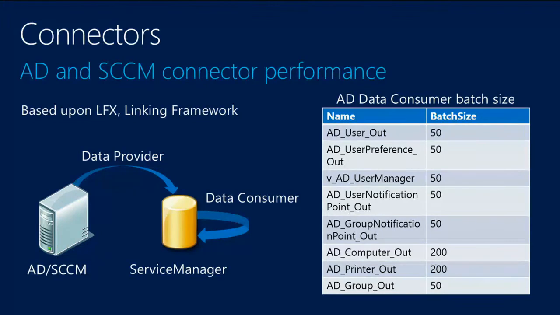They are way too small, and each batch has a certain amount of overhead. By having these small batch sizes, we're getting a lot of overhead, which will cause a performance decrease in these connectors. So if you have connectors running for a long time, you will need to tweak these batch sizes.